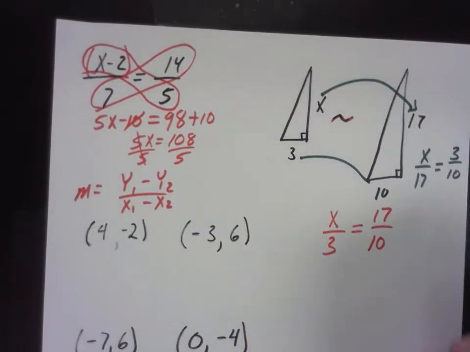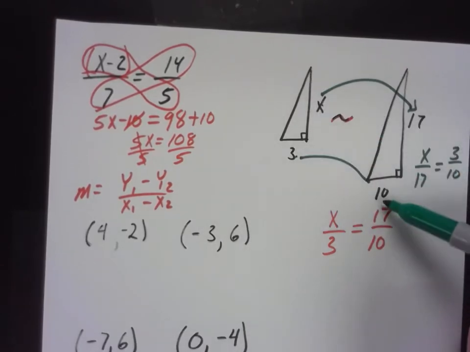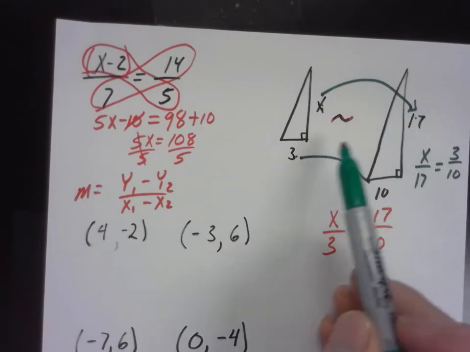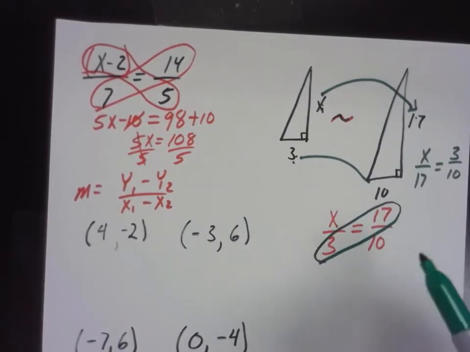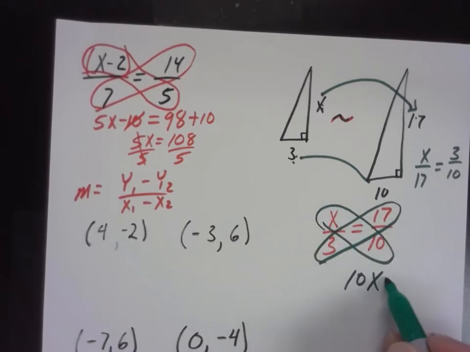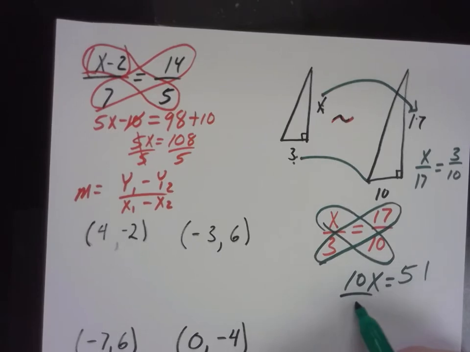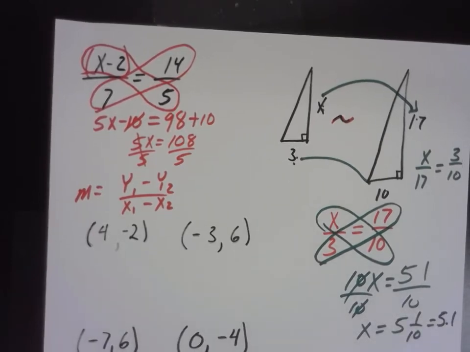But you'll notice whether I go x over 3 equals 17 over 10 or x over 17 equals 3 over 10, look what happens when I cross multiply. 10x equals 51. Okay. Divide both sides by 10. And I guess 51 over 10, 5 and 1/10, 5.1, however you want to say it.